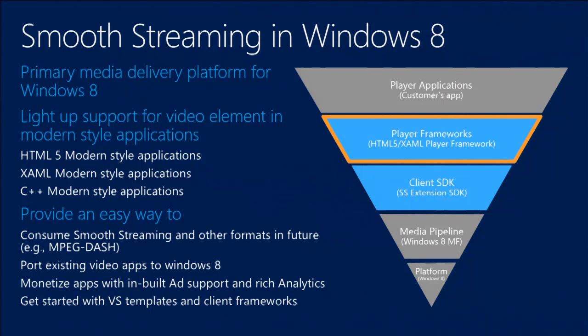And you can use the player framework, which is source code for HTML5 or XAML that implements the full players, right? So the buttons, the graphics overlay, all the media player things. The engine is in the player framework, and then you will develop the top layer, which is the player application itself.